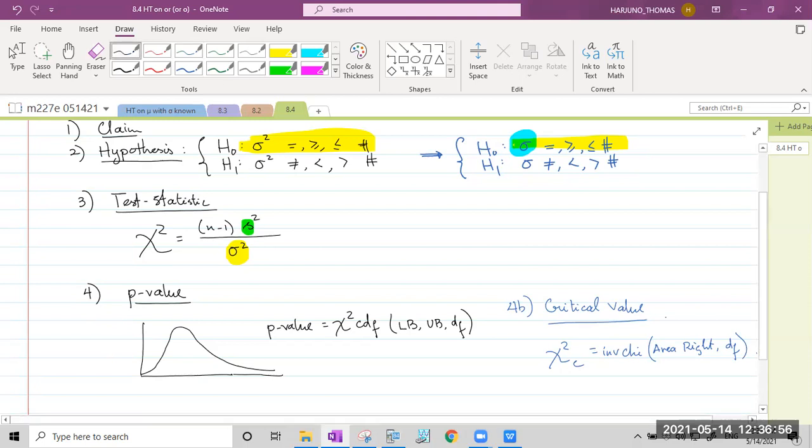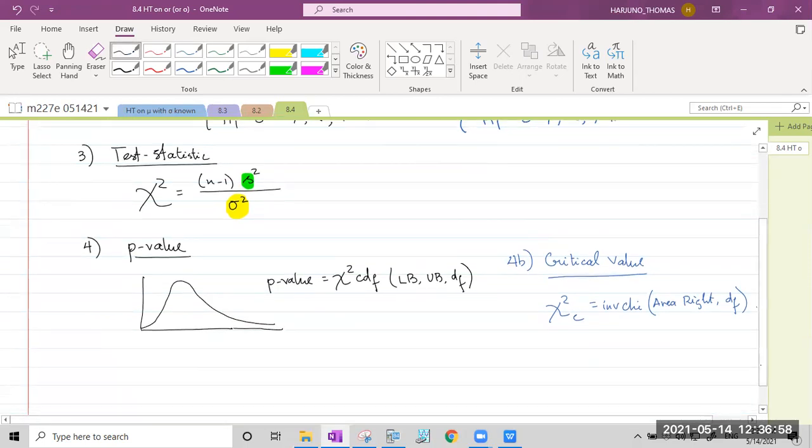Steps 5 and 6 are the same: informal conclusion, then conclusion.